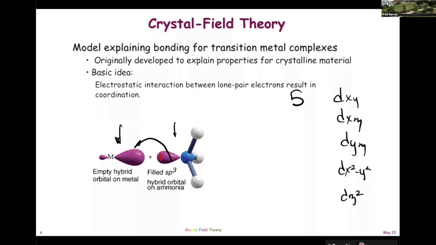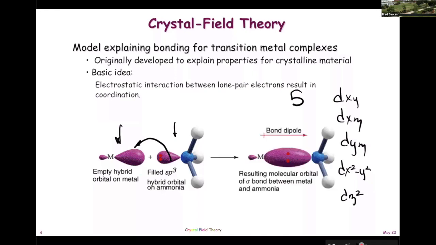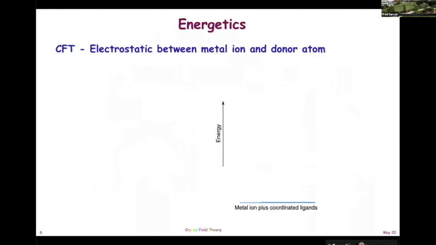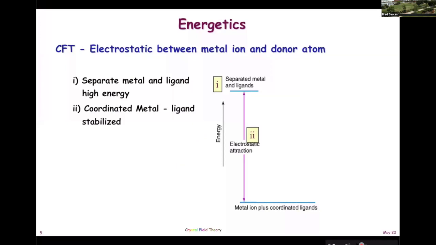So these 5 d orbitals, depending on how the ligands interact with them, are either going to be raised in energy or lowered in energy. And that's important because it explains why we have different colors. So this right here forms a bond with a d orbital. So let's take a look at what happens.